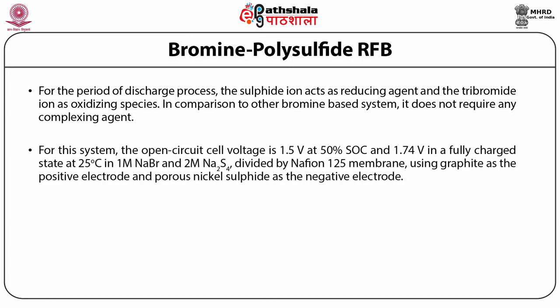For this system, the open circuit voltage is 1.5 volts at 50% SOC and 1.74 volts in a fully charged state at 25 degrees Celsius in 1 molar NaBr and 2 molar Na2S4 divided by a Nafion 125 membrane, using graphite as the positive electrode and porous nickel sulfide as the negative electrode.